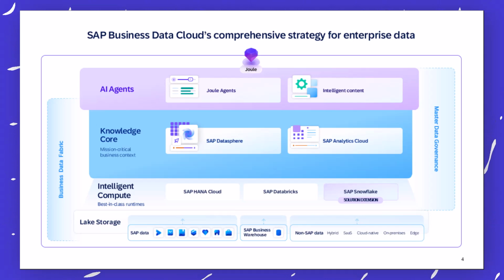These data products can be shared with the partner ecosystem as well. From an AI agents and intelligent applications point of view, Joule and intelligent applications activate the context. From an intelligent content point of view, SAP is delivering end-to-end intelligent content. End users can just install it and it is ready to use.